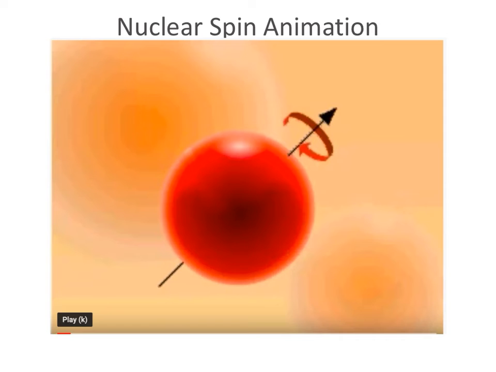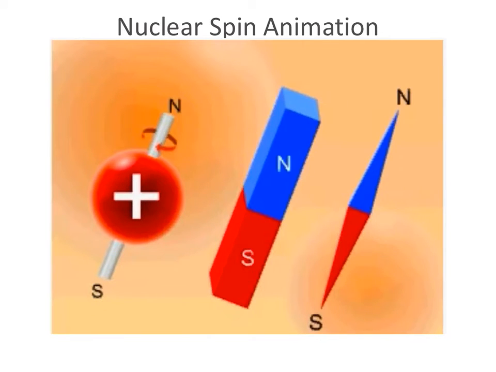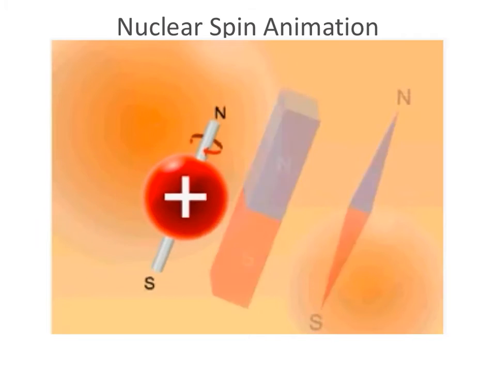So here is an animation of a nucleus spinning on its axis. As that positive charge is spinning, it's going to create a magnetic field around it with essentially a north and a south pole.